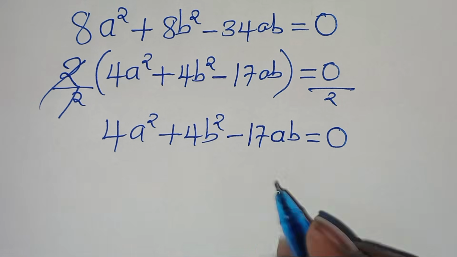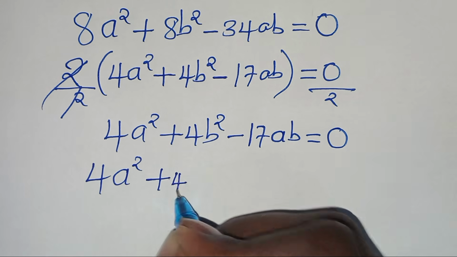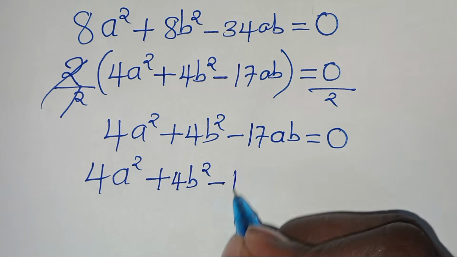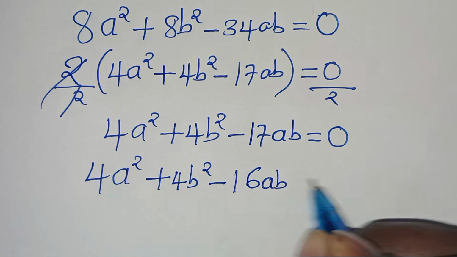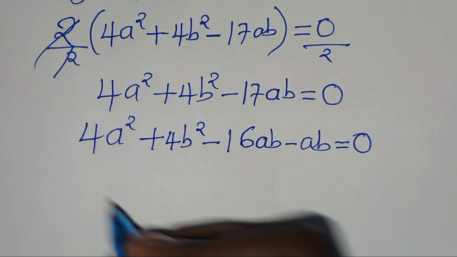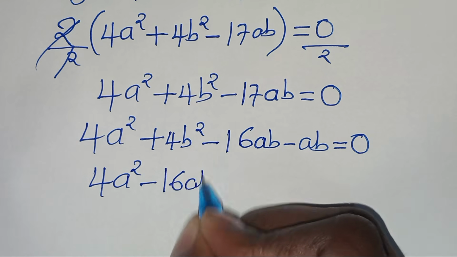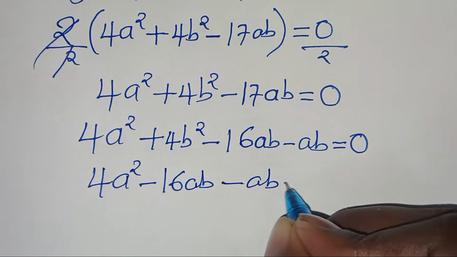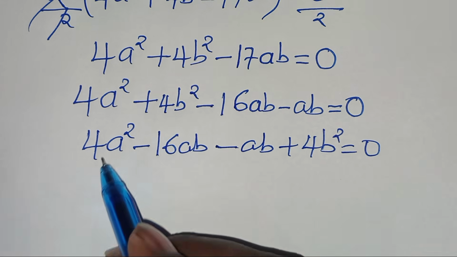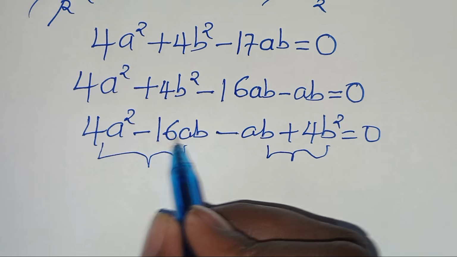Now the next step is that we can express this as 4a squared plus 4b squared minus 17ab, which is minus 16ab minus ab. This is equal to 0. So this means we have 4a squared minus 16ab, then subtract ab plus 4b squared. This is equal to 0. Now we can factor this out. So let's factor out, so that here we have 4a common.